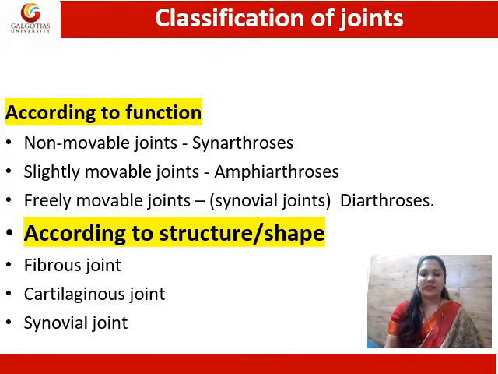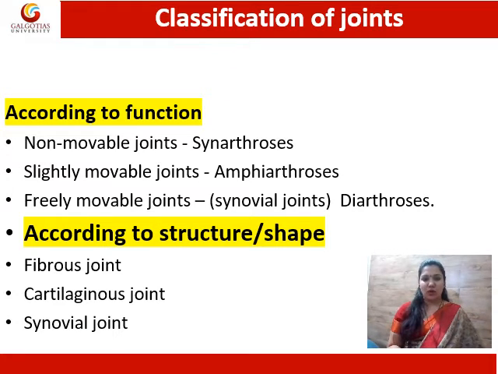So here is the classification of joints. Joints can be classified in two broad ways. First of all, according to function, and second, more important, according to structure or shape. In classification according to function, it is of three types: non-movable joints, slightly movable joints and freely movable joints.